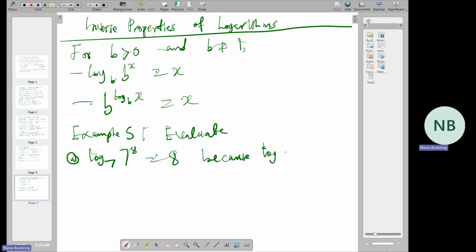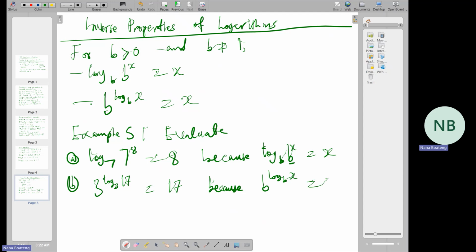When the base and the index are the same, then it's just equal to the power. And the second one is 3 power log to the base 3 of 17, which is equal to 17 because of the second property, that is b power log to the base b of x is equal to x.